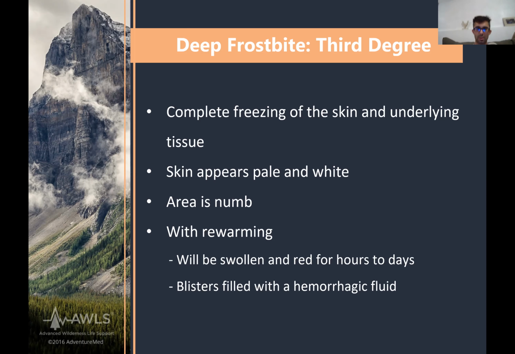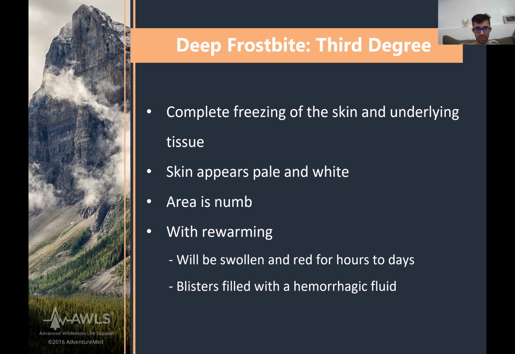Third degree is complete freezing of the skin, including the dermis and subcutaneous tissues. The skin appears pale and white. That area is numb, and with rewarming, there will be swollen and red skin for hours, if not days. With third degree, you get blisters that are now filled with hemorrhagic fluid.